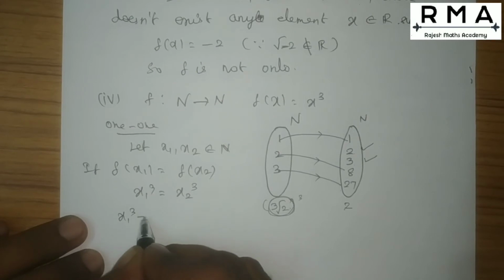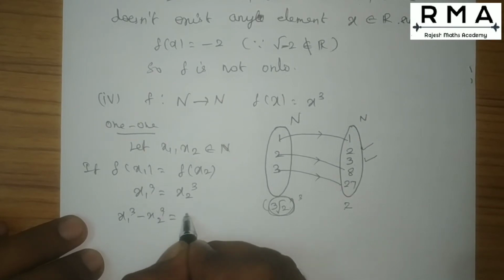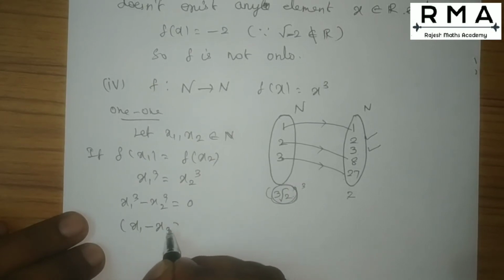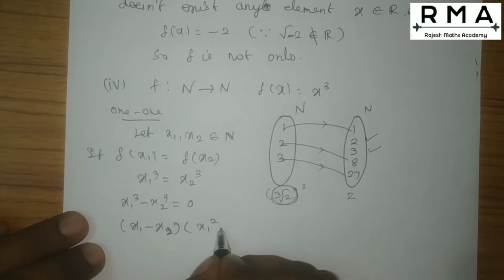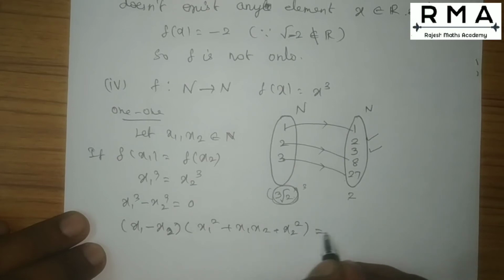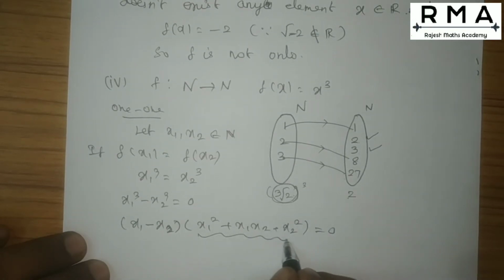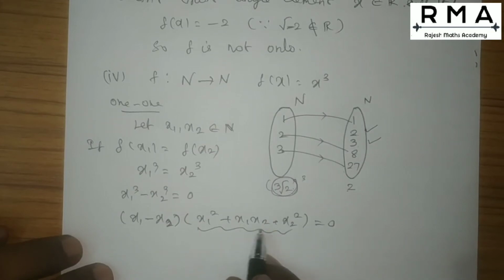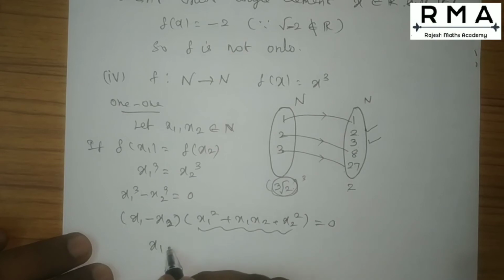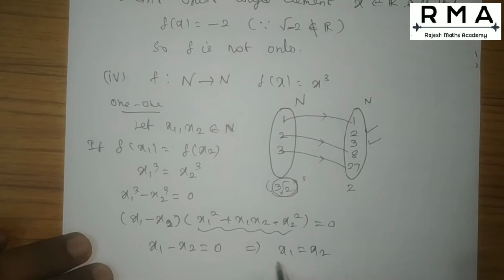I can factorize this: x1 minus x2 times x1 square plus x1 x2 plus x2 square equals 0. The second polynomial is not equal to 0, because otherwise we would get complex numbers, which is not possible since we are dealing only with natural numbers. So the only possibility is x1 minus x2 equals 0. This implies x1 equals x2.